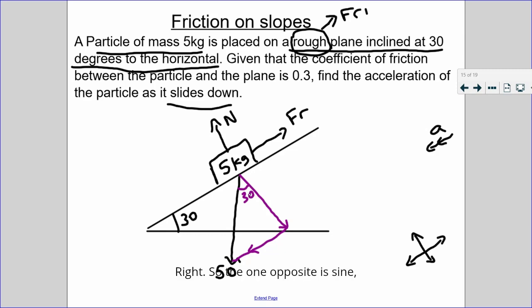The one opposite is sine, so this will be 50 sine 30, and the one adjacent is cos, that will be 50 cos 30.